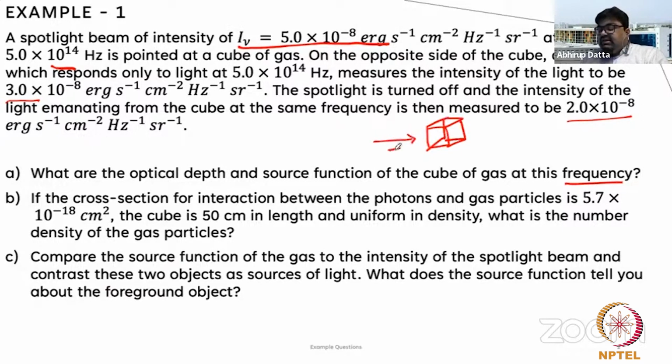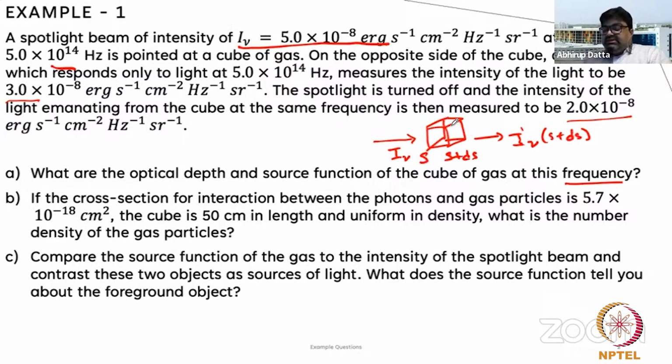The I_ν over here is given at S. It traverses S plus dS and comes out of there as I_ν prime at S plus dS. So I_ν is known, I_ν prime is known, and then when everything is off, the intensity emanating from the gas in the cube is also known.